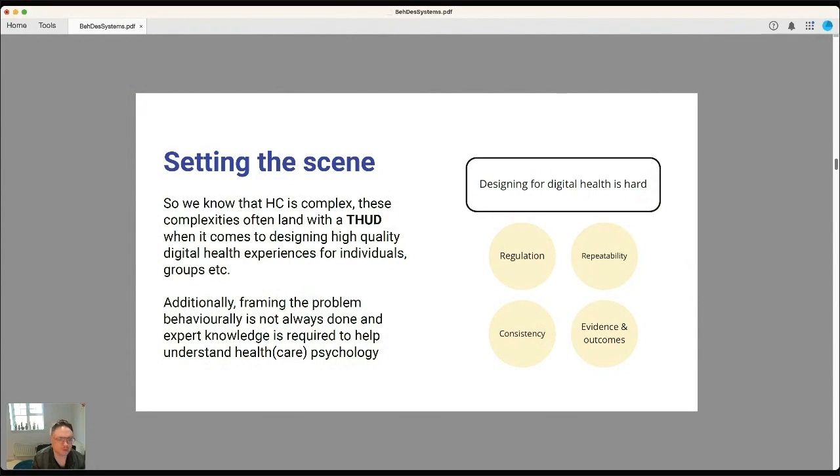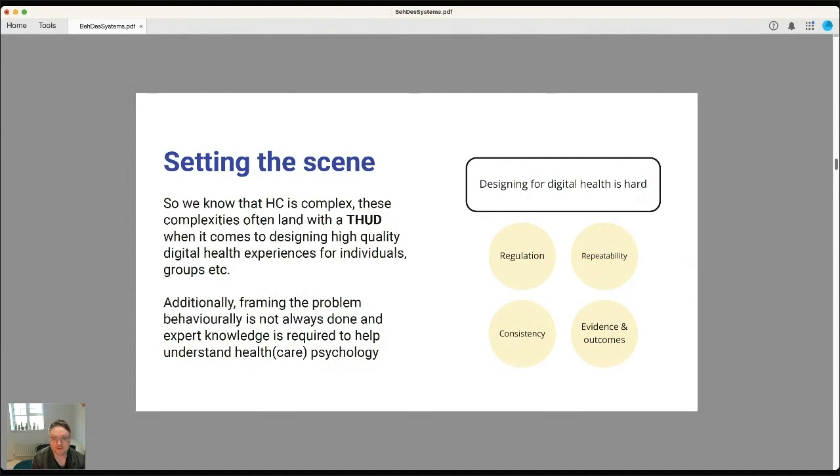And one of the big problems that we have, or challenges actually to reframe it, is that framing the problem behaviorally is not always done, because mainly you need expert knowledge to understand healthcare and the psychology, the behavioral science around it. So what are some of the barriers that make designing for digital healthcare patient experiences hard?